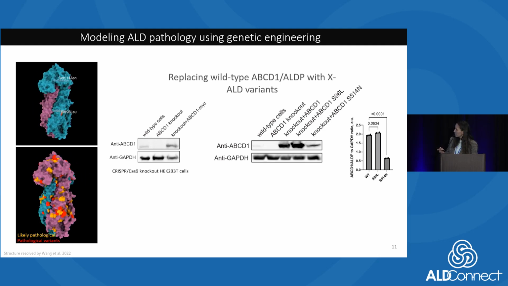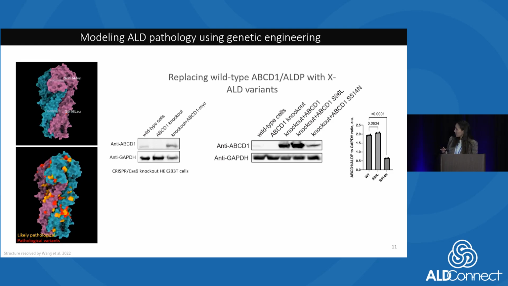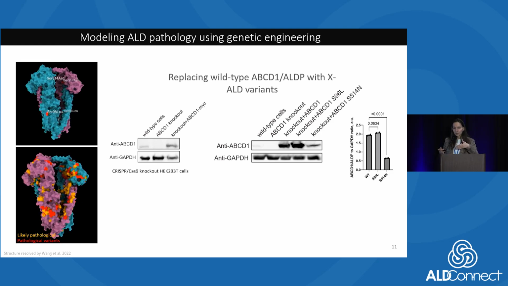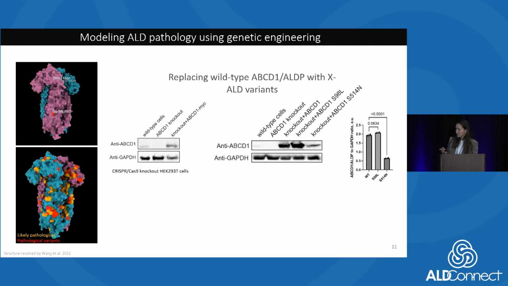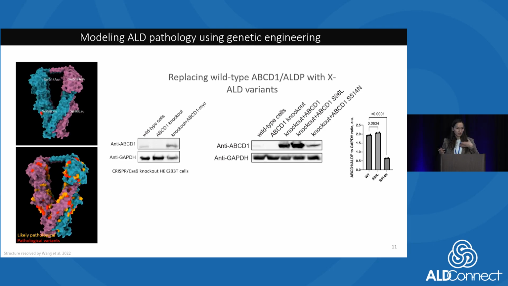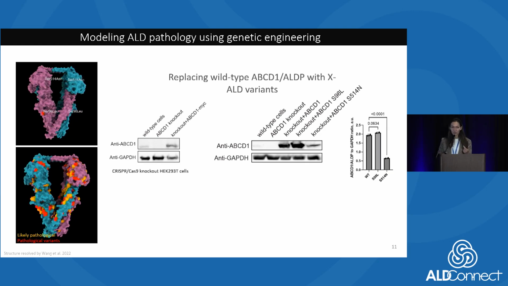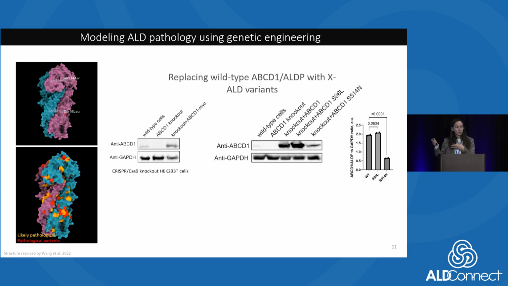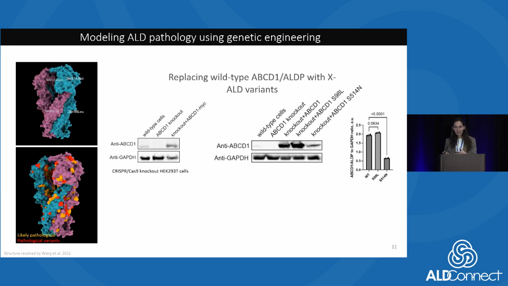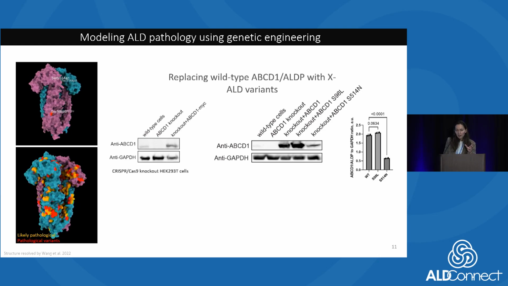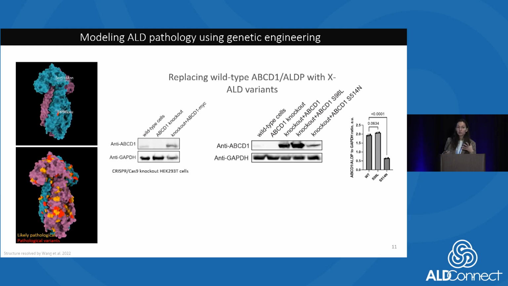But even from this blot, you already see that when you create stable lines, expression stabilizes over weeks of selection, and you can find different clones, but most of the clones will fall into high expressing, low expressing, or medium expressing categories. But some of the variants immediately present themselves as unstable, so from this blot we can already see which variants are unstable. A variant of ABCD1 can be dysfunctional for different reasons.